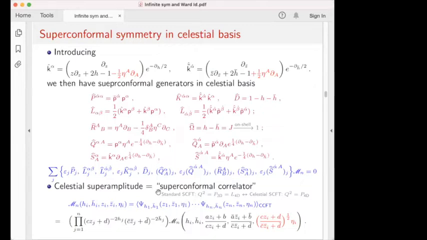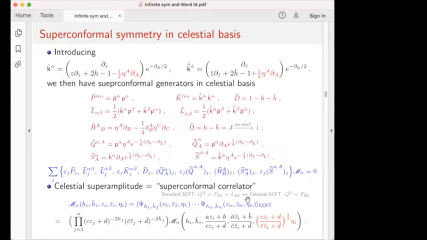Here I add these quotation marks because the supersymmetry on the celestial sphere is different from the standard supersymmetry in 2D. In the standard case, the supersymmetry is essentially the square root of translation in 2D, but on the celestial sphere, this 2D translation is somehow related to the 4D rotation.